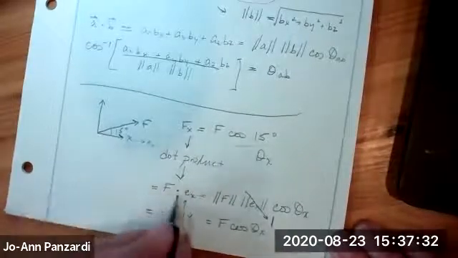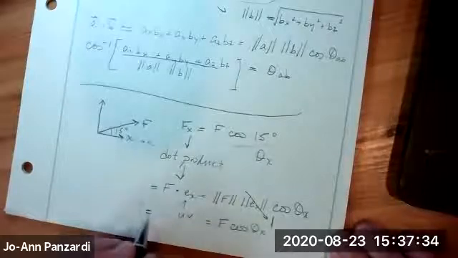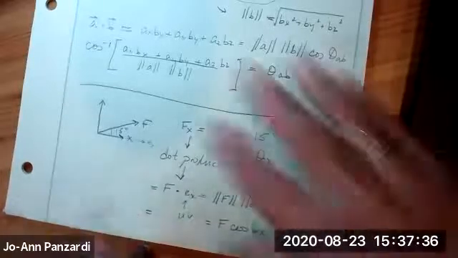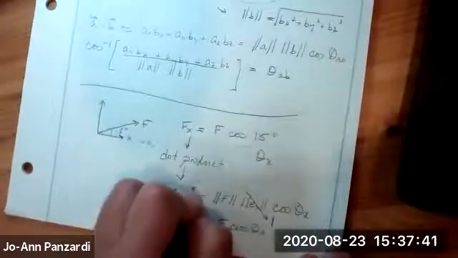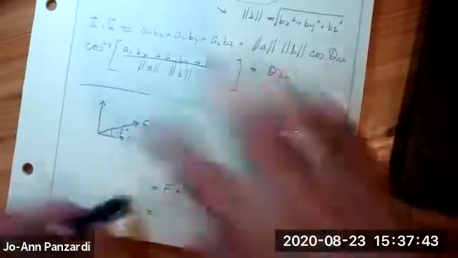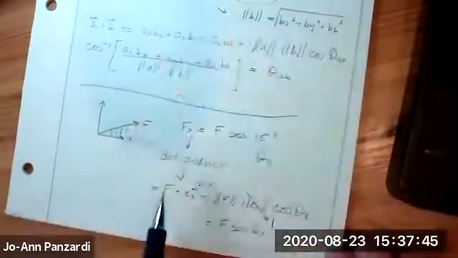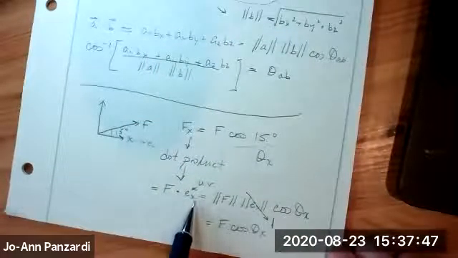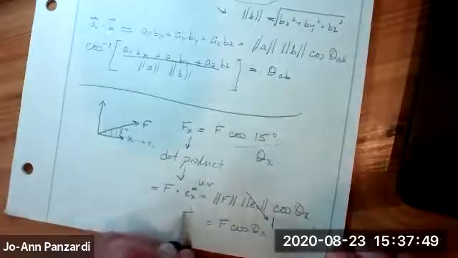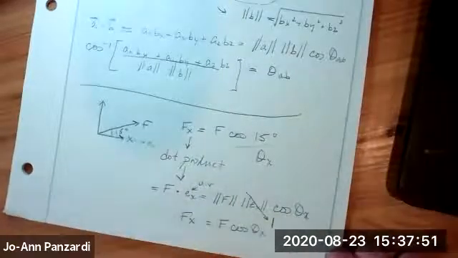And we know that F dotted with the unit vector is really equal to the x component. This right here is the unit vector. And in the end, when I dot the force vector with the unit vector, I wind up getting Fx, the x component.